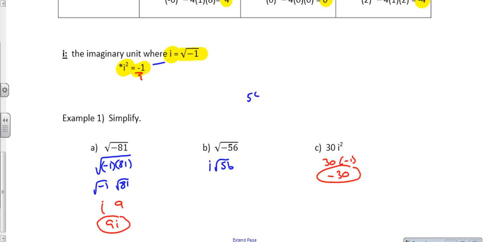56, factors of 56, 8 and 7 I believe. 8 you cannot root either one. So 56 divided by 4 is 14. So this is the same as 4 times 14. I can root 4.